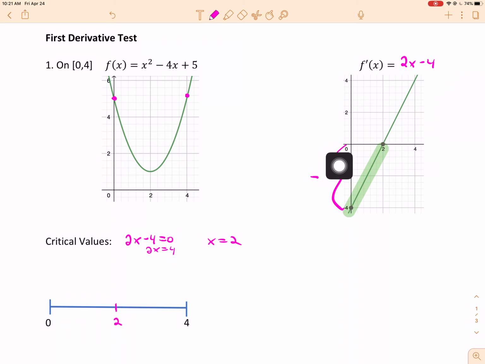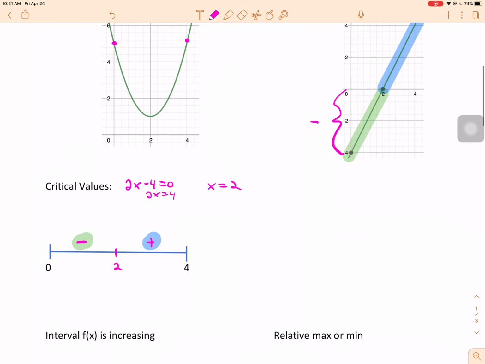So to the left of positive 2, if you plug in 1 or you plug in 0, what's going to happen? You're going to get a negative number. But what happens if you plug in a number to the right of 2? You're going to get a positive number. So that's telling us that the graph is going down and then up, so we get a minimum.